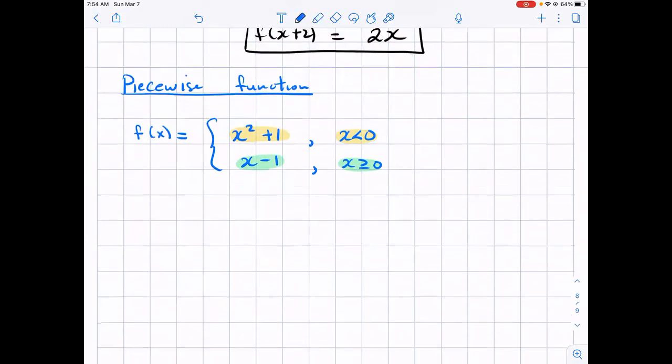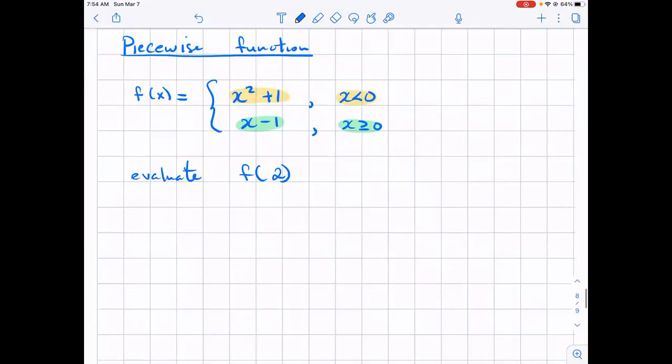So if I ask you to evaluate f of, let's say, 2, then f of 2, note the input is 2. So we have to use the bottom part, x minus 1.